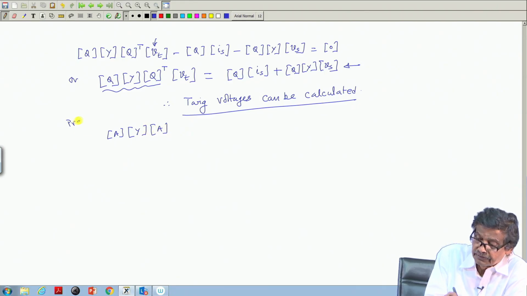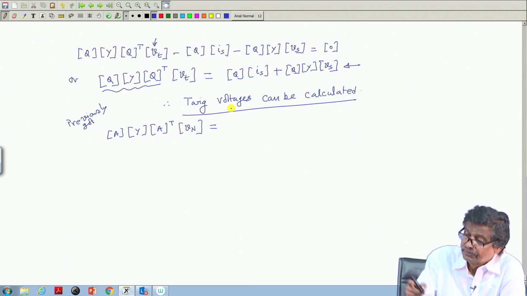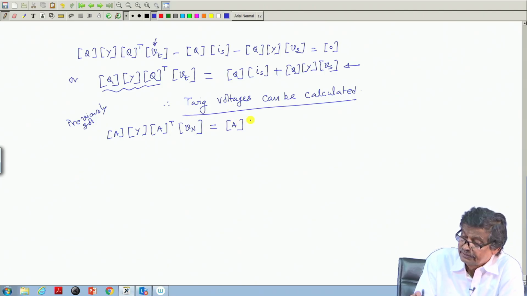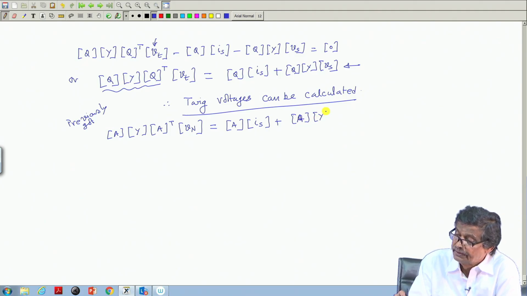Previously, we got A y A transpose into the node voltages is equal to, it was like this, A into I s plus A into y into V s.